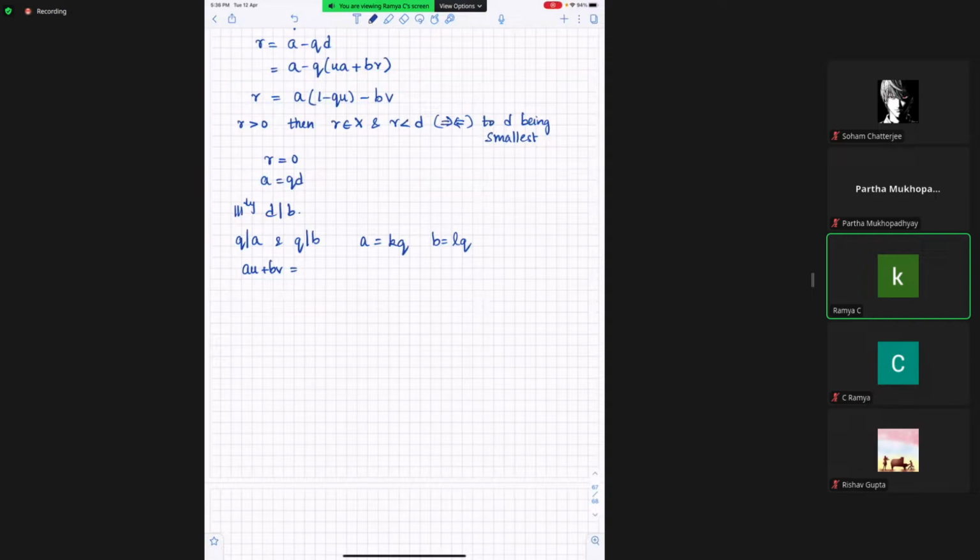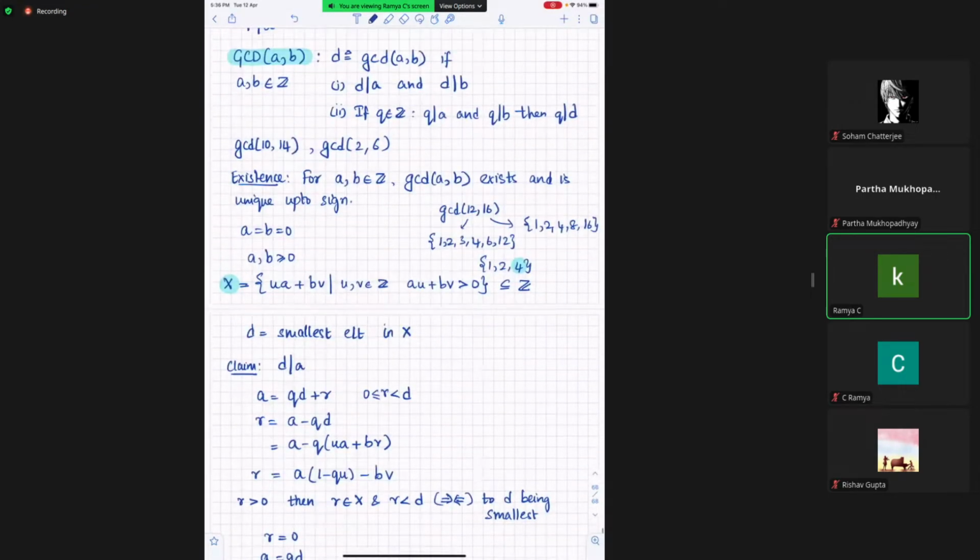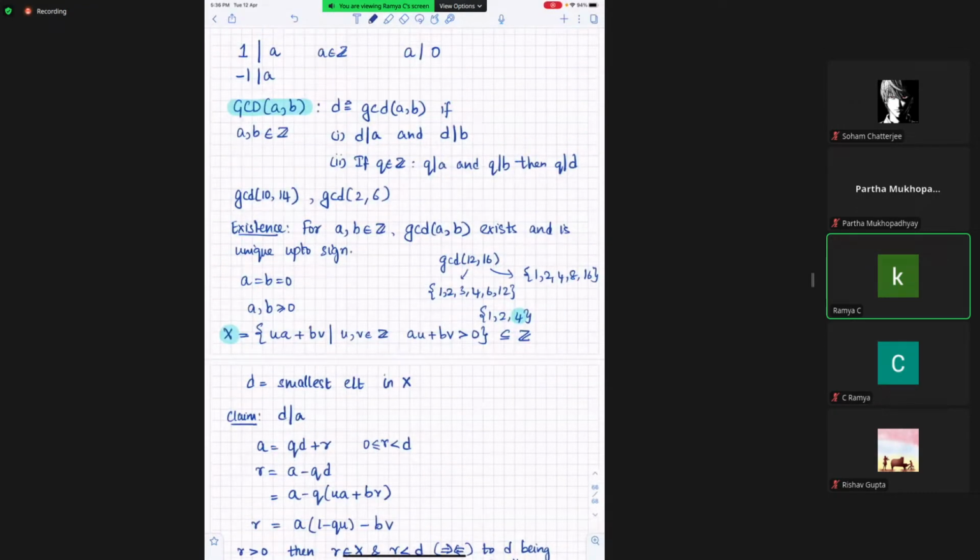D is UA plus VB, which means that Q divides D. So this implies that just look at this set, look at the smallest element, and that's the greatest common divisor. Similarly, you can also argue that it is unique up to sign. That is, if there is another D prime that has this, then D and D prime just differ by sign.